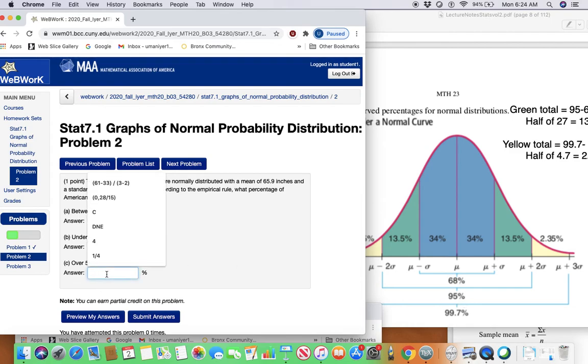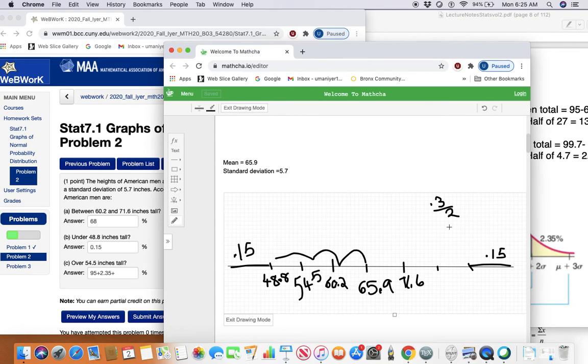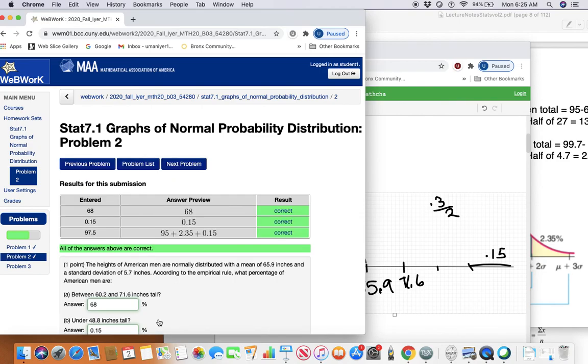So let me start with 95, which is given to me, and now I'm going to add 2.35, and that last teeny bit. That last teeny bit, if you recall, was half of the 0.3, so 0.15. Now add all of these and you're done.